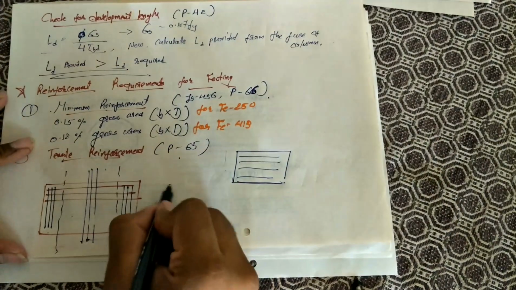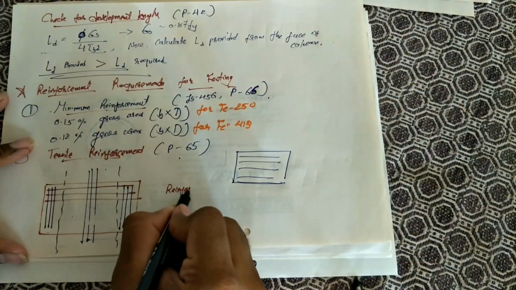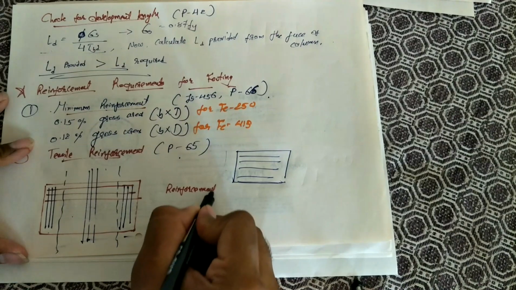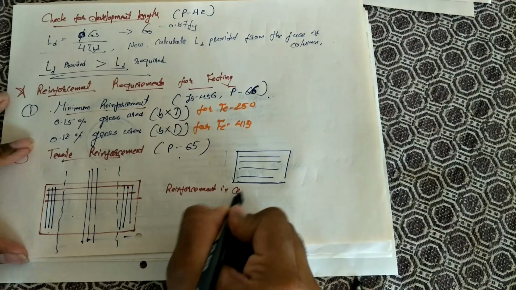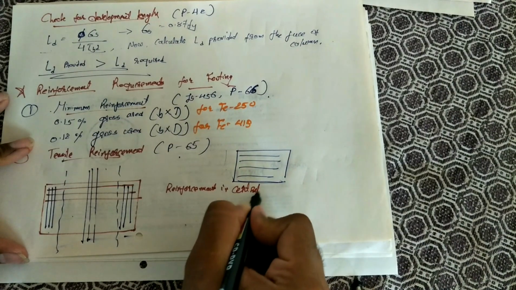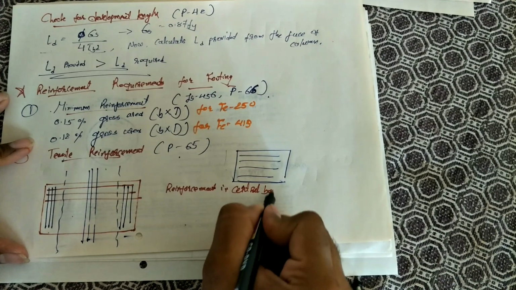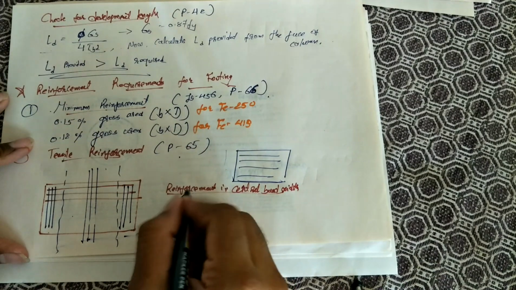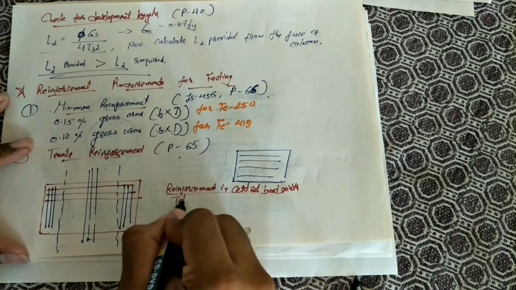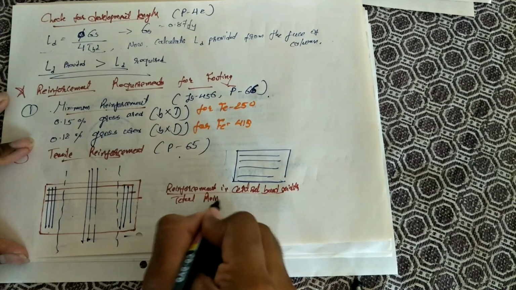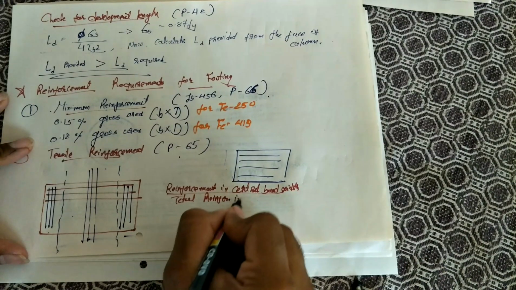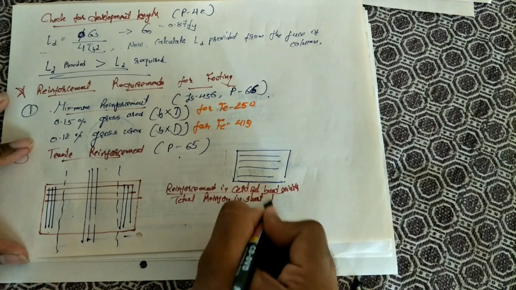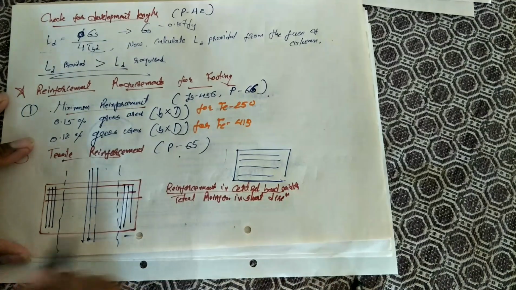Reinforcement in central band width divided by total reinforcement in short direction.